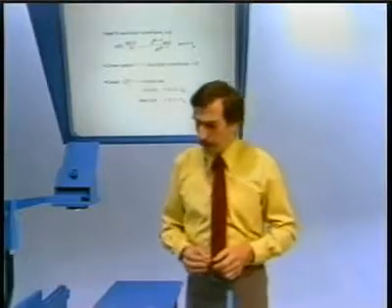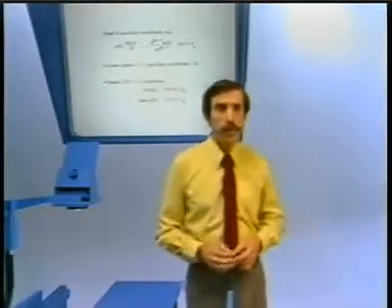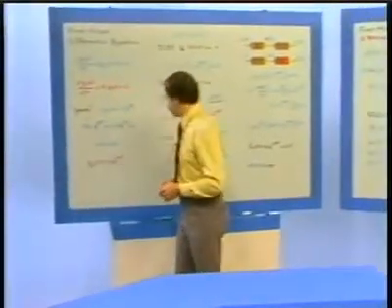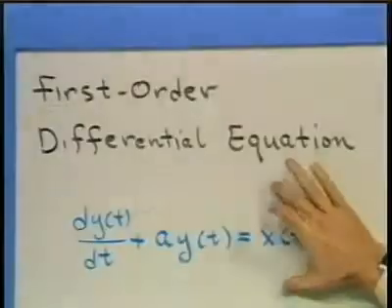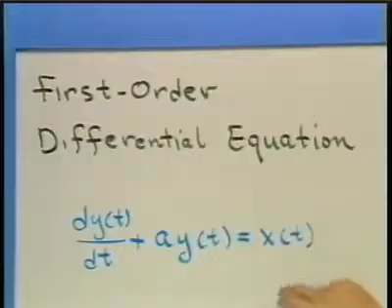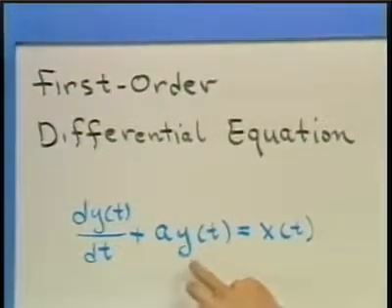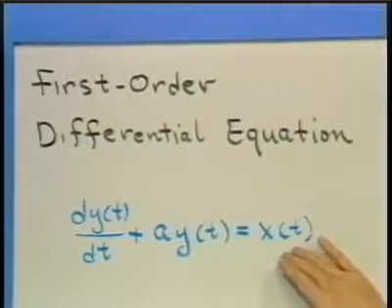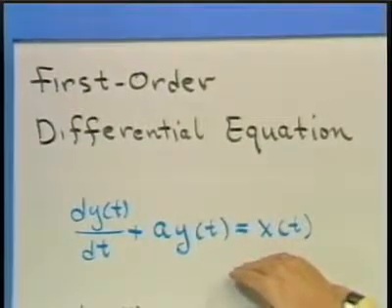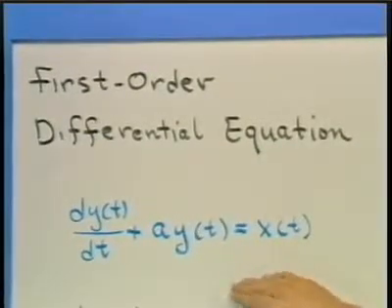Okay, well, let's look at an example, and let's take the example of a first-order differential equation as I've indicated here. So we have a first-order differential equation, dy of t dt plus ay of t is the input x of t. And let's first look at what the homogeneous solution of this equation is.